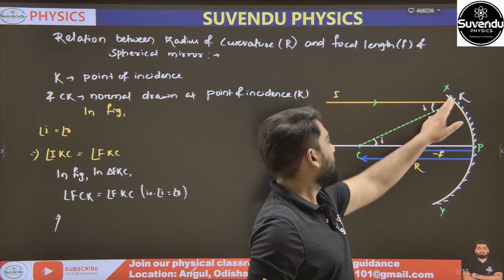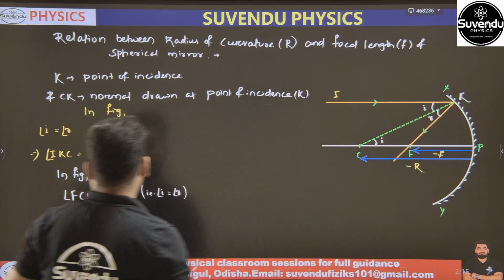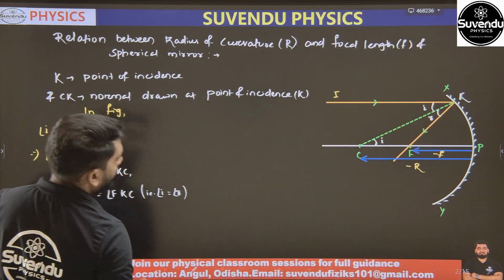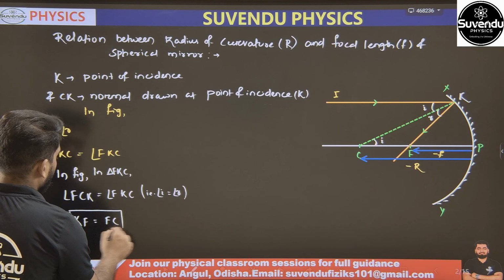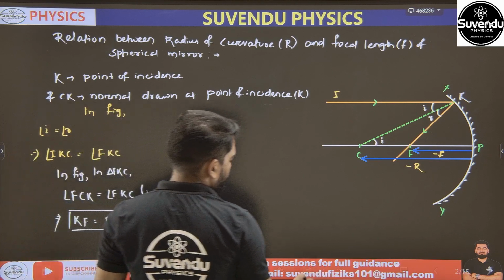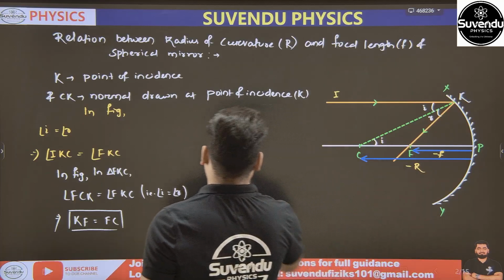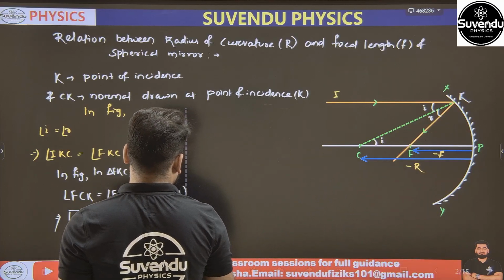We can say KF is equal to FC. This is our conclusion. What should we write after this? See, now after this we can think of another one.